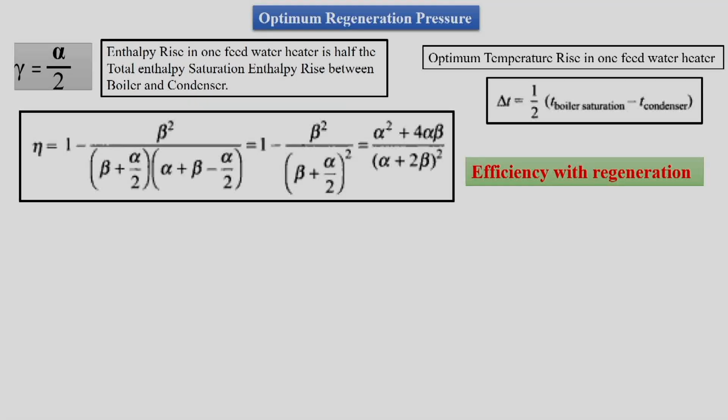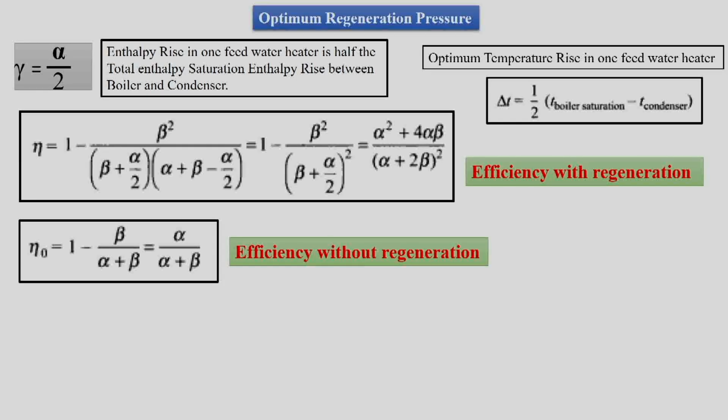This formula is for the corresponding alpha value. If we put gamma as alpha by 2 in this formula, we get the formula for the new efficiency with the optimum regeneration state.